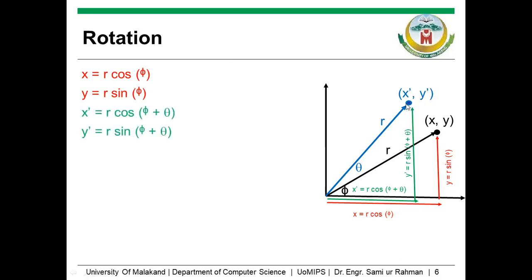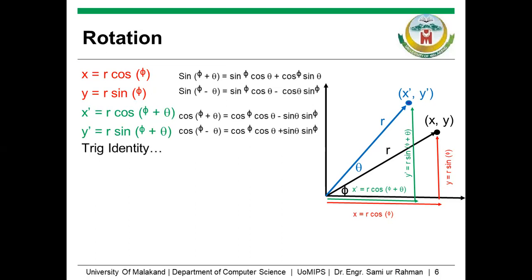And if we consider the point x prime, y prime, where the vector is r, and decompose it into its components, the complete angle for this vector is the combination of theta plus phi. So x prime is equal to r cos(phi plus theta), y prime is equal to r sin(phi plus theta).